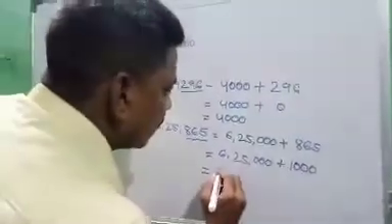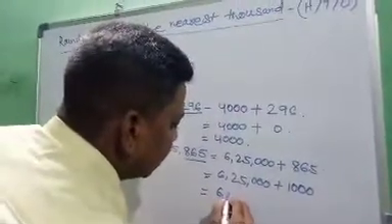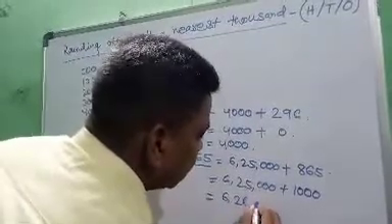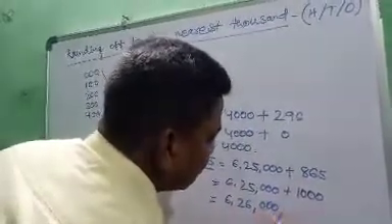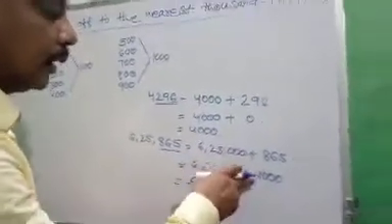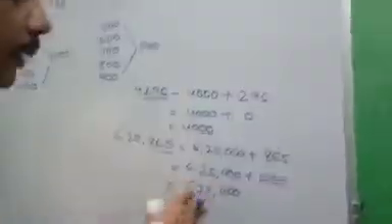Okay, then our answer will be 6,26,000. Okay, and our thousands place increased by one, from 5 to 6.